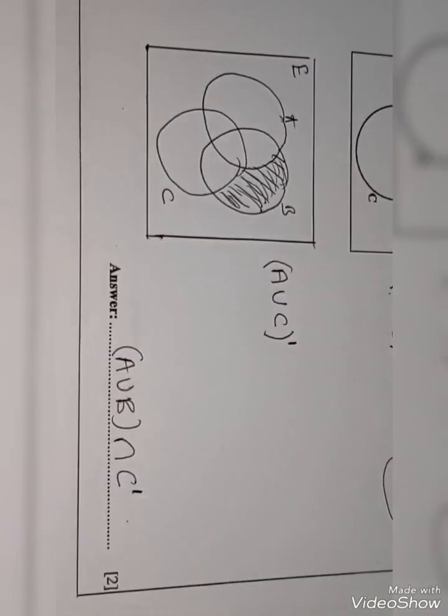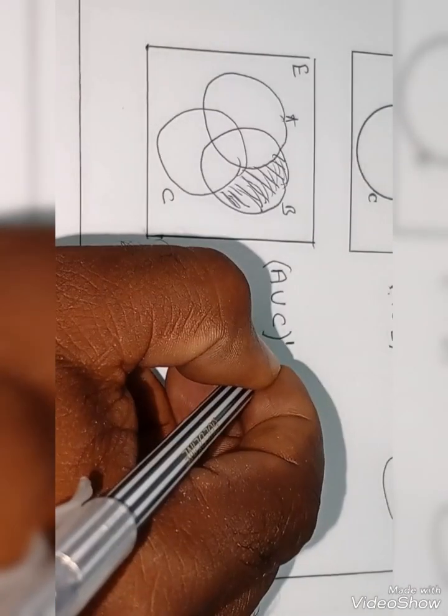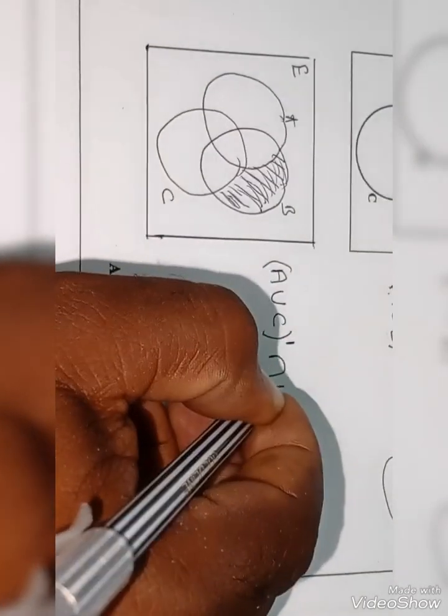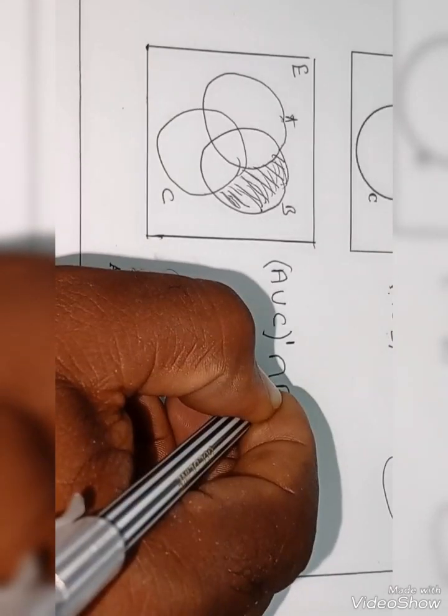It means elements which are not in either set A or set C, but are in set B. So I'll introduce the intersection B. So what does this mean?